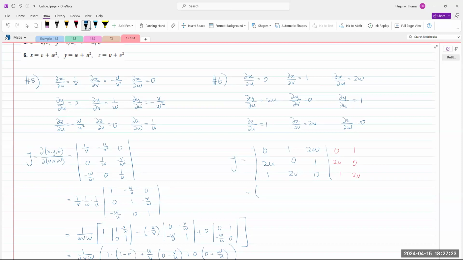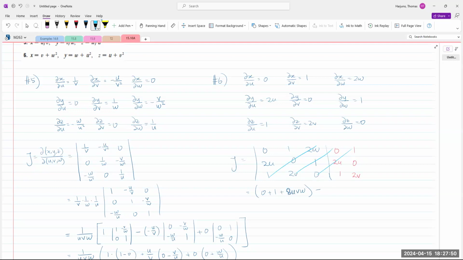And that's the main product, the product of the main diagonal. That will be 0 plus 1 plus 8uφw, minus the sum of the products of the off diagonals.